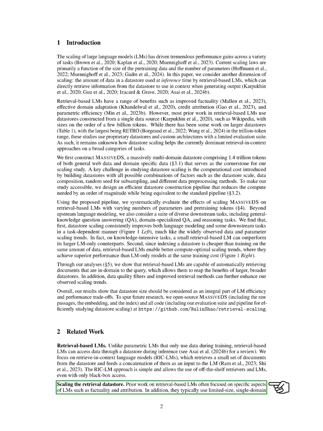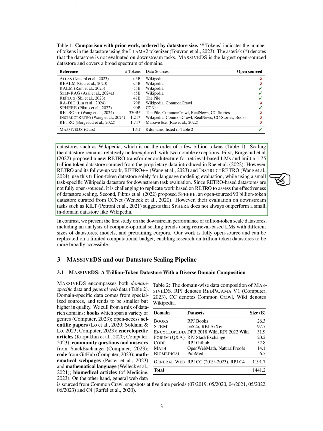Previous research on retrieval-based LMs has often concentrated on specific aspects like factual accuracy and attribution, typically using limited-size, single-domain datastores such as Wikipedia. The exploration of scaling the datastore itself has been relatively limited, with a couple of notable exceptions. One exception is the Retro transformer architecture, which created a 1.75 trillion token datastore from proprietary data.